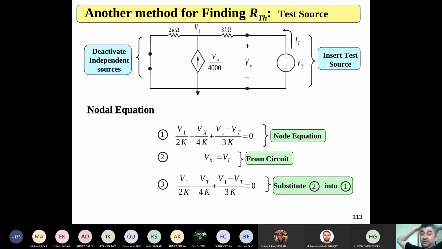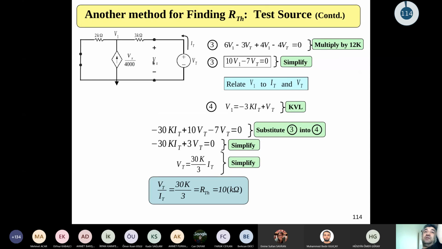We don't have a current source in the circuitry anyway. Just do a nodal analysis and find the corresponding. I'm saying VT in here, but as I said before, VT and IT will cancel out. Don't worry about them. Do a nodal analysis in here and easily calculate the resistance value. That will be 10 kilo ohms, same as before.